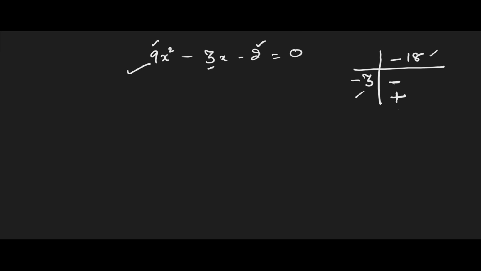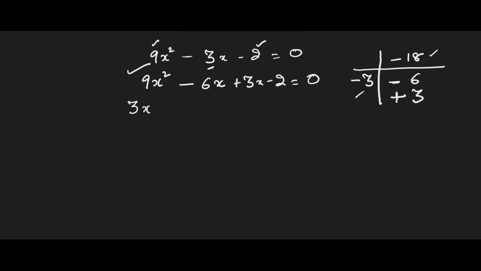Okay. So we need to find two numbers such that the sum is minus 3 and product is minus 18, and here are these two numbers. Okay, so now write down the middle term as a sum of these two numbers. Minus 6x plus 3x minus 2 equals 0. Now let's try to simplify this equation further.